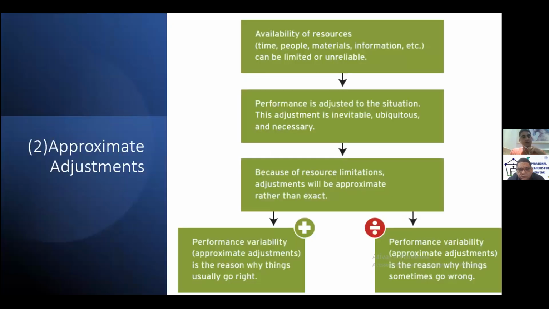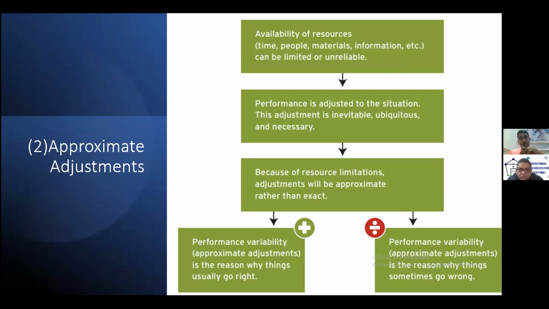Okay, so the second one is the approximate adjustment. When we see that, we need to understand that resources are sometimes variable. They come with variability.